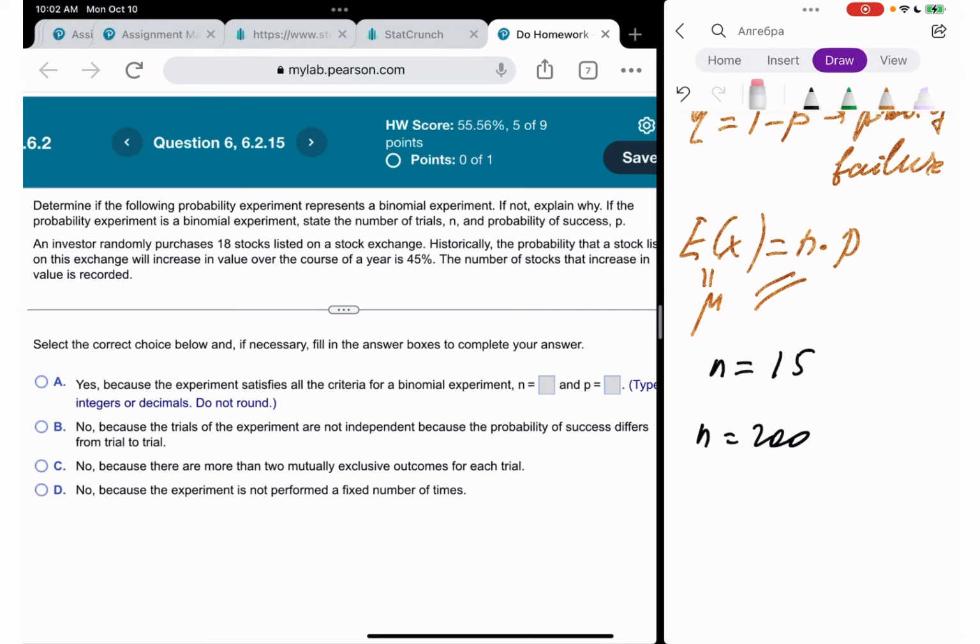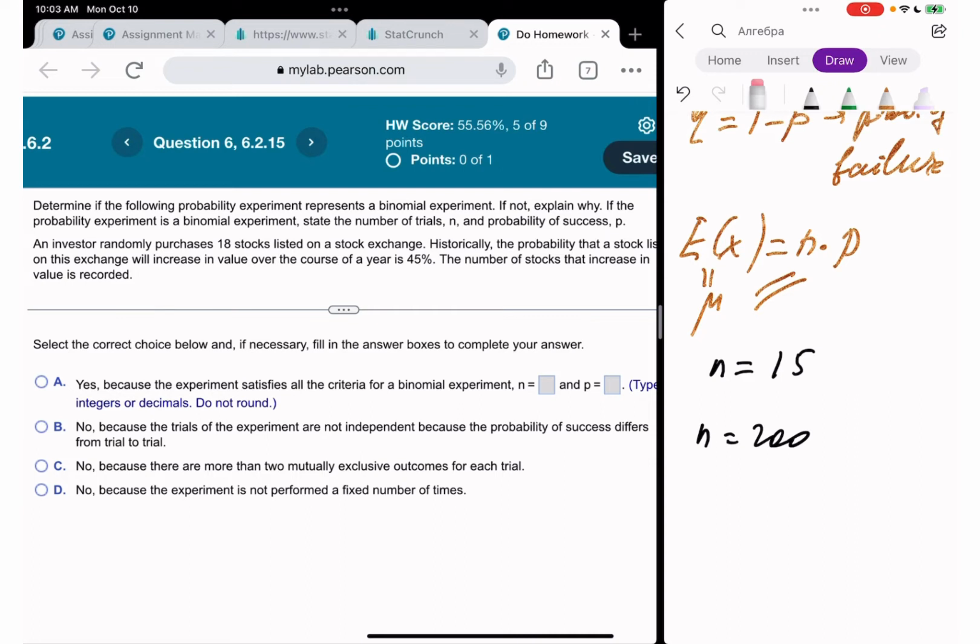Okay, so what do we have? We have independent trials, right? From year to year, it's growing independently, correct? Next, we have the probability of success, which is independent from one year to another year.